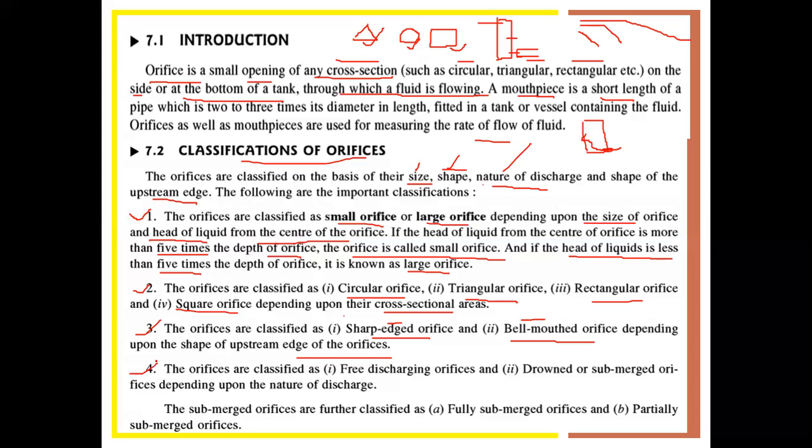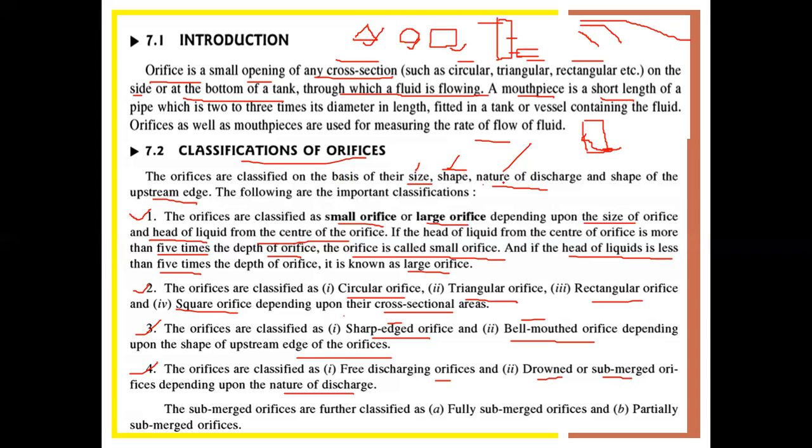Next, fourth, the orifices are also classified as free discharging orifices, drowned orifices, and submerged orifices, depending upon the nature of the discharge. Already I discussed that the orifices are classified based upon the size, shape, and nature of discharge.